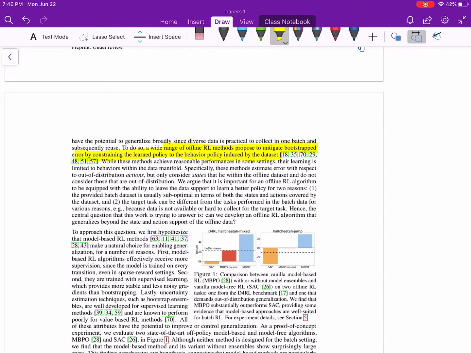So this is just saying that we keep pi close to the dataset policy, which this group usually calls the behavioral policy, or pi b. But yeah, this is a similar formulation as in imitation learning.